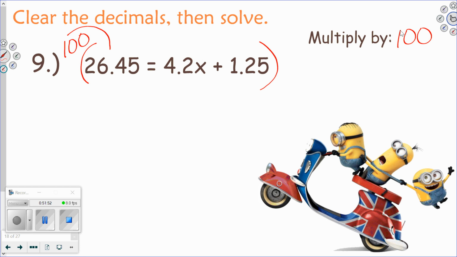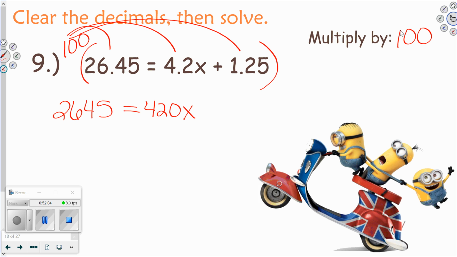So 100 times 26.45, 2,645 equals, good, 420x, and that one's 125. At least those numbers aren't as ridiculous as that last problem. The last problem, those numbers got really big.